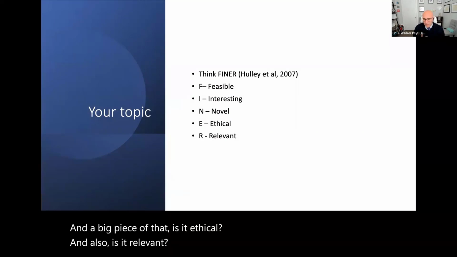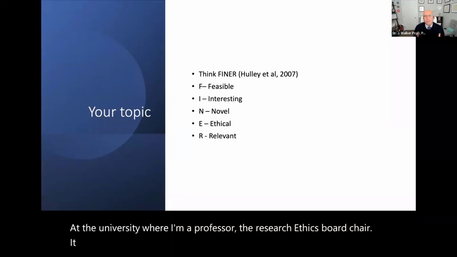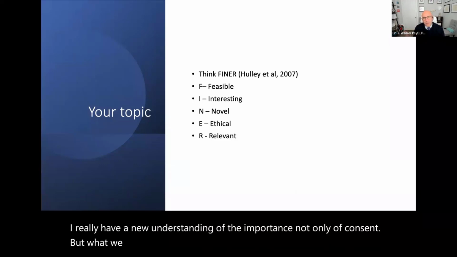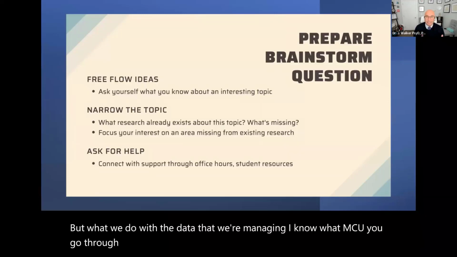At the university where I'm a professor, I'm the Research Ethics Board chair. I really have a new understanding of the importance, not only of consent, but of what we do with the data that we're managing. I know at NCU you go through a course, and I did it, and you have your application, and I did it.